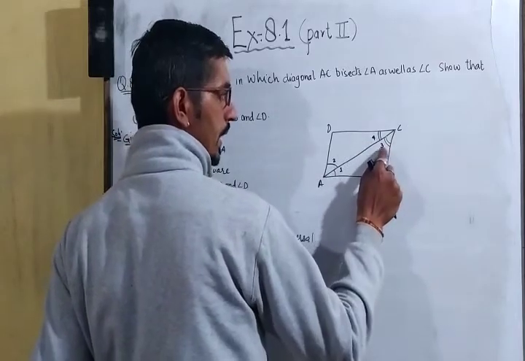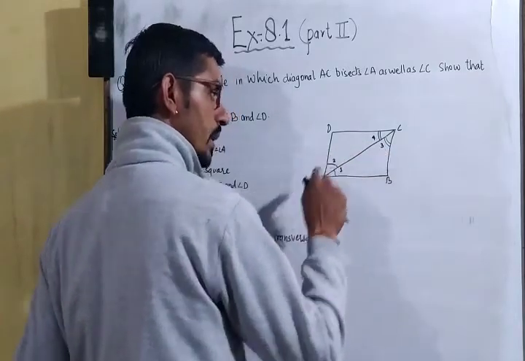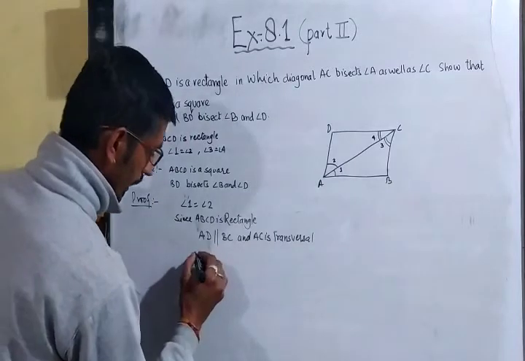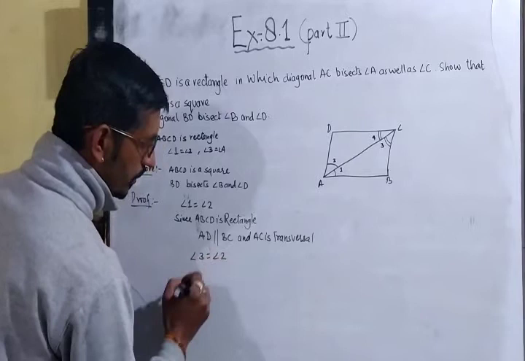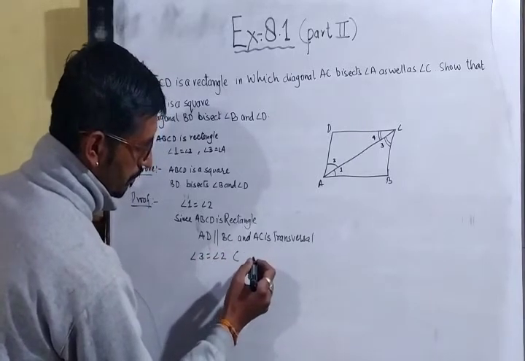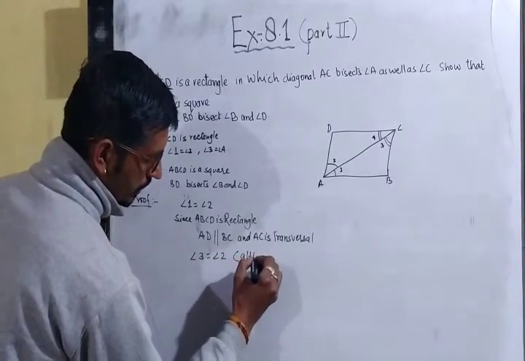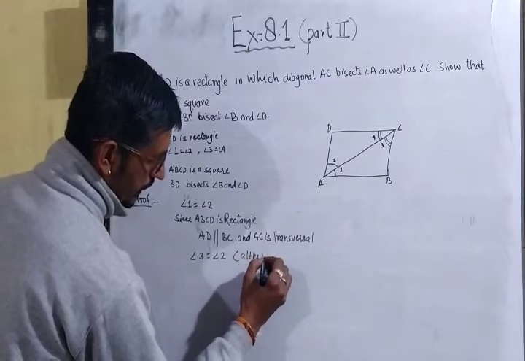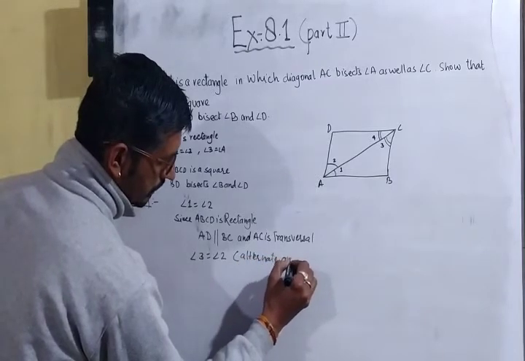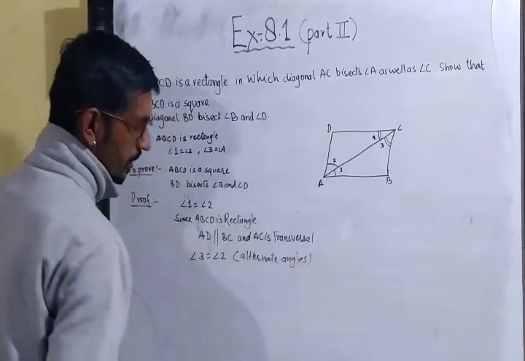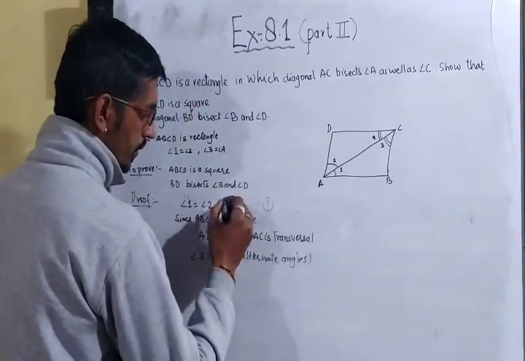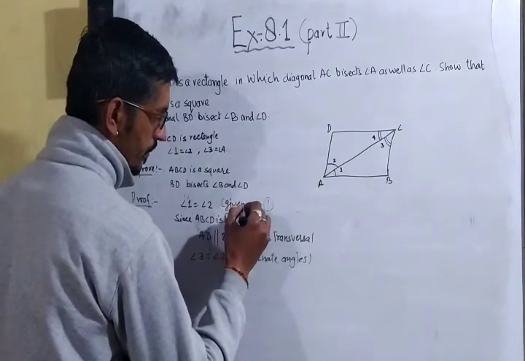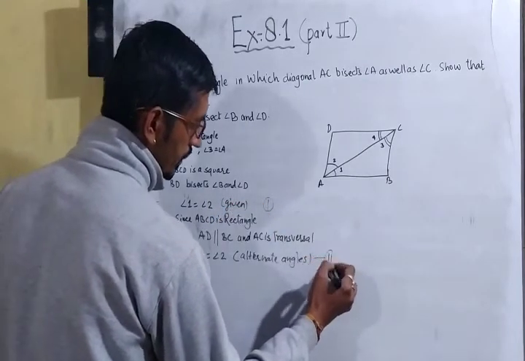So from this we can say that angle 3 is equal to angle 2 by alternate angles. Okay, this is equation number 1. It is given that angle 1 is equal to angle 2. So in the bracket you can write given. And here it is 2.